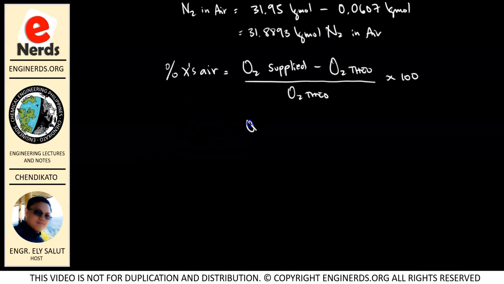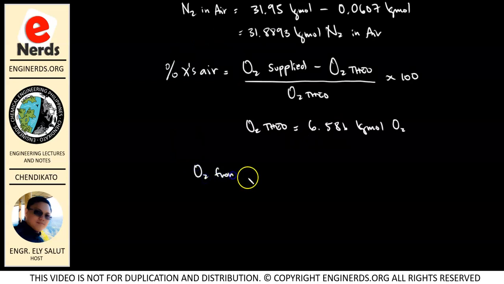So, theoretical O2 is equal to 6.586 kilogram mole ng O2. So, ang kailangan nating makuha is yung O2 supplied coming from air. So, alam na natin yung N2 from air, no? So, para makuha natin yung O2 from supplied air, we need to get yung ratio niya, no?